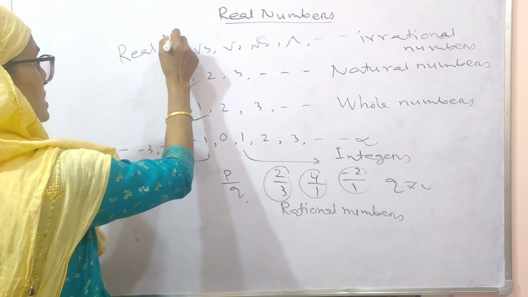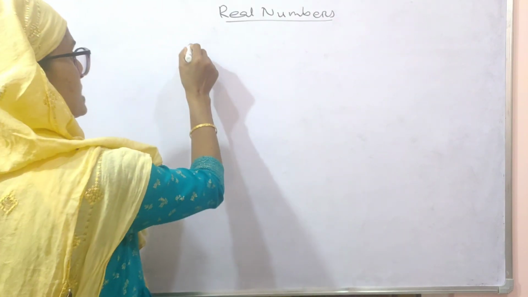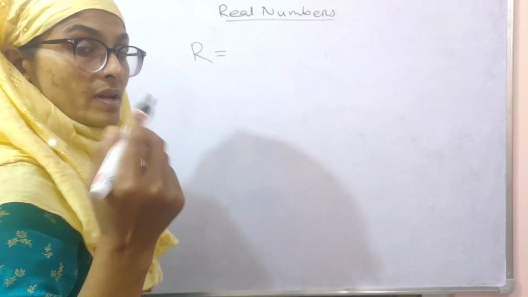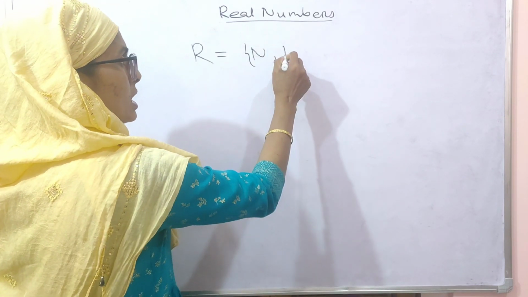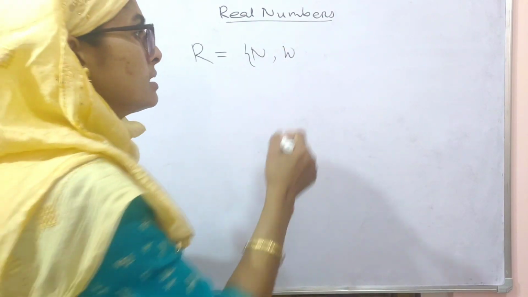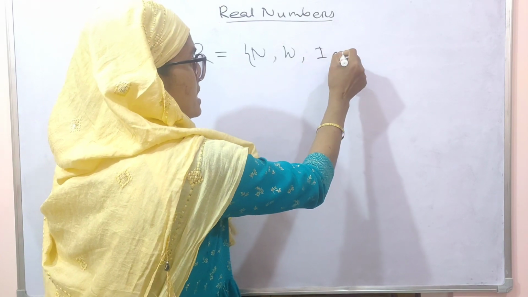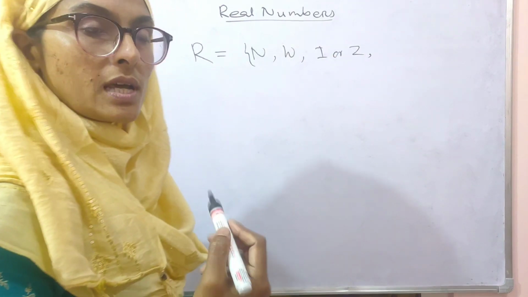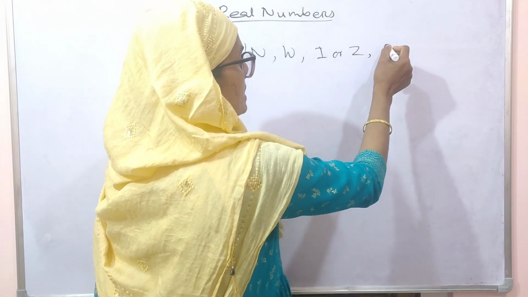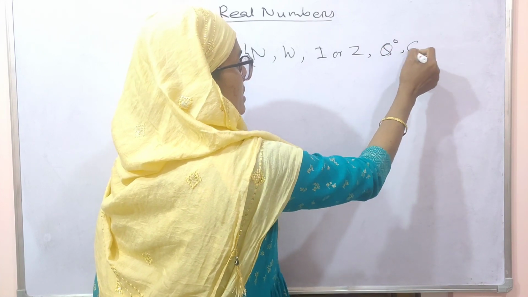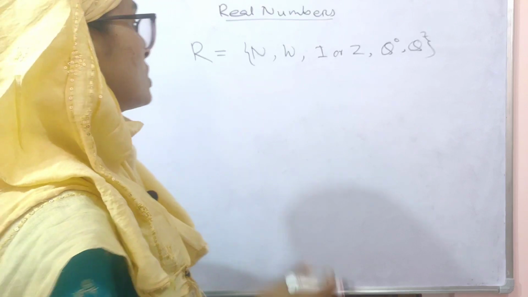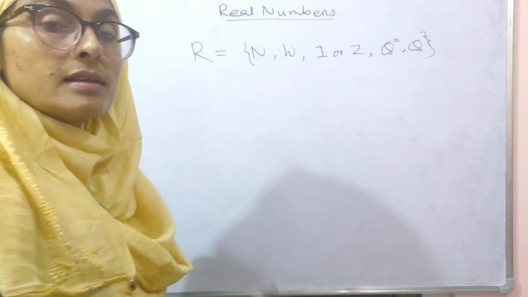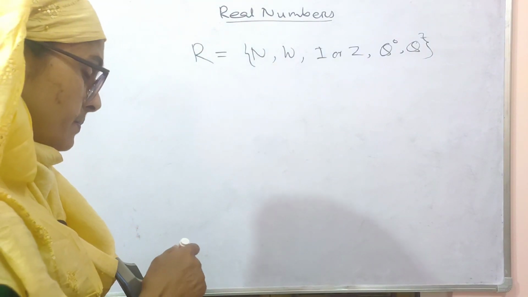Real numbers are represented by capital R. Natural numbers belong to real numbers, whole numbers also belong to real numbers, integers I or Z also belong to real numbers, irrational numbers Q naught and rational numbers Q all belong to real numbers. Remember this one.